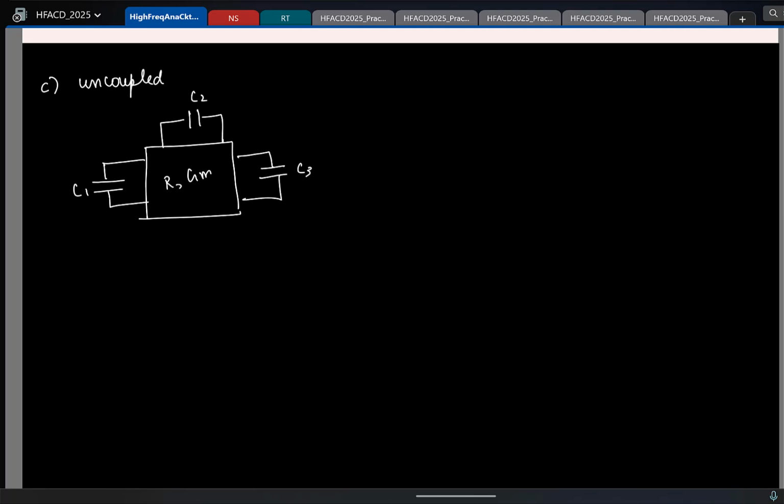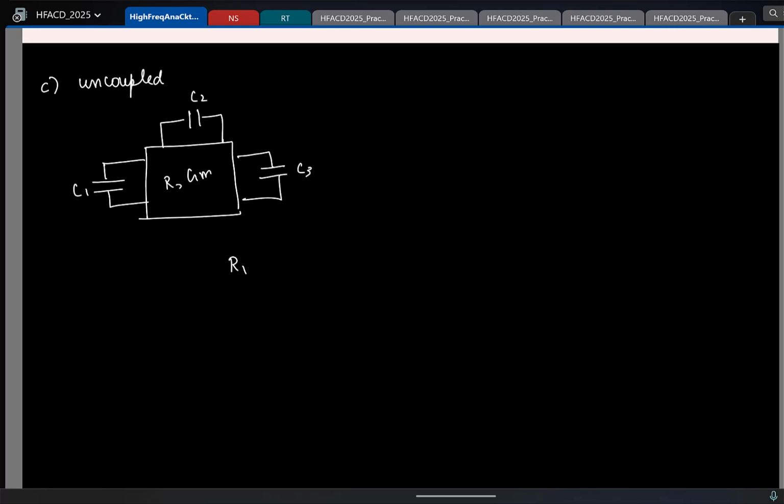So if you want to find if this time constant is uncoupled from the others, the check you do is the following: you find the resistance seen by the capacitance C1, and you see what this resistance is when C2 is open, C2 is short. Similarly, C3 is open and C3 is short.